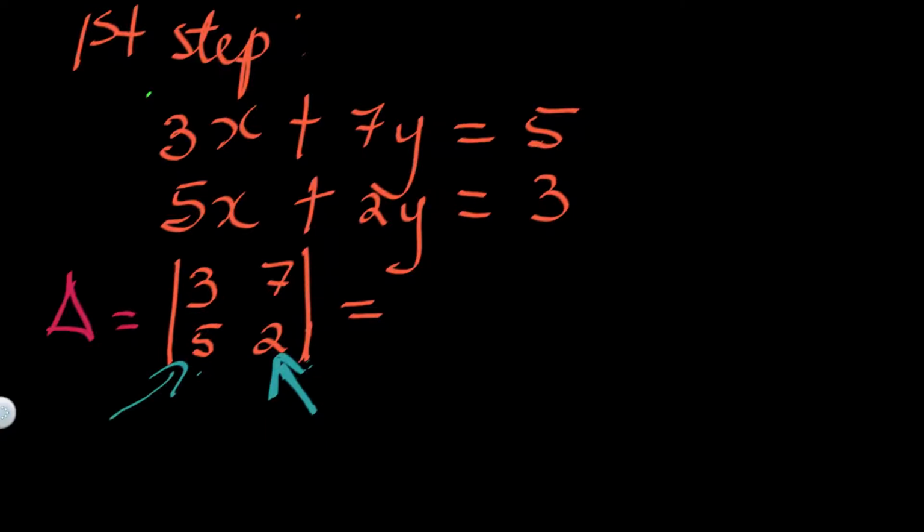So the determinant here is 3 by 2, the product of the major diagonal, minus 5 by 7, the product of the minor diagonal. The answer there is minus 29. That's the answer. It's minus 29.